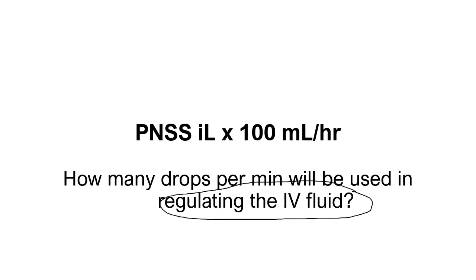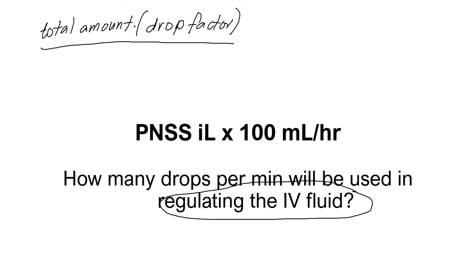And yes, that is the time in your life wherein you will be counting using your wristwatch with the second hand. Now, in this case, what would be the formula? The basic formula that we use is the total amount of fluid times the drop factor, divided by the total number of hours, times 60, which means that we are getting the time in minutes.